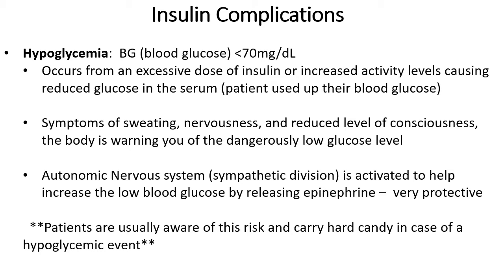Okay, so that's very protective. Not only is it making your heart race and making your blood pressure go up and making you sweaty and pale and nervous, it's telling you your sugar is getting too low. Do something before you go unconscious.